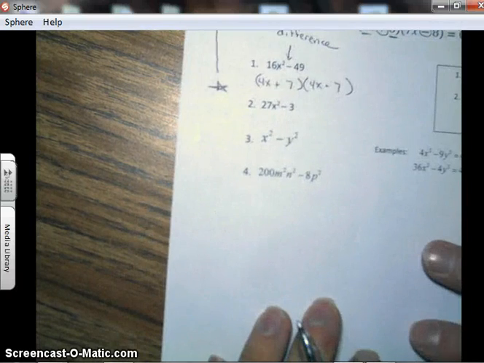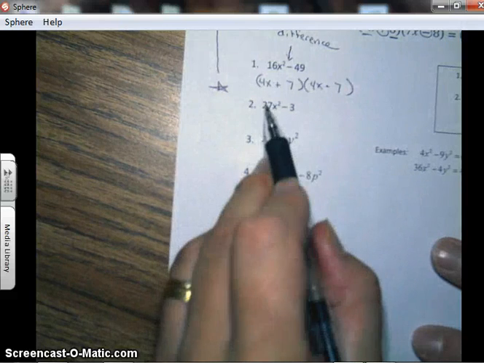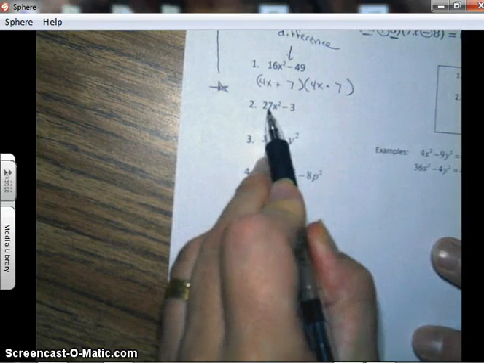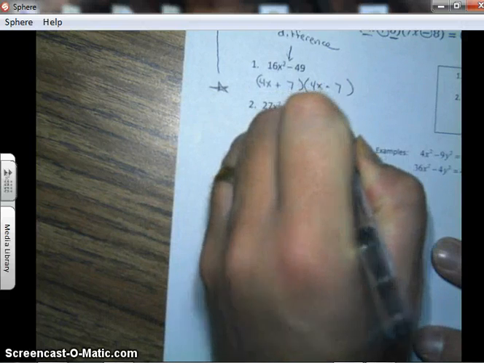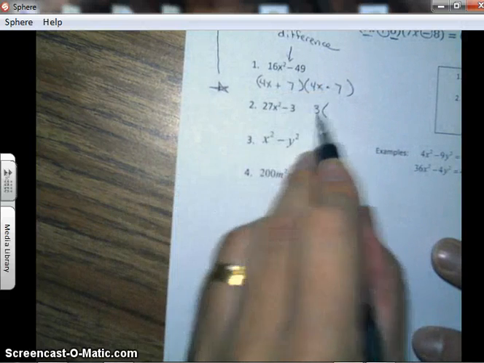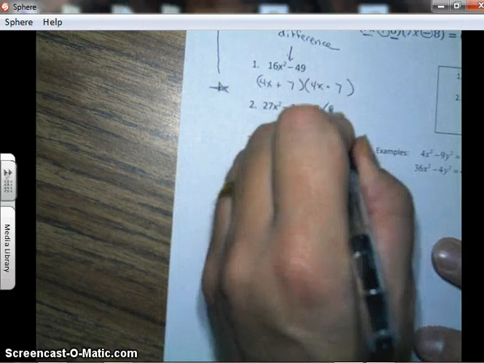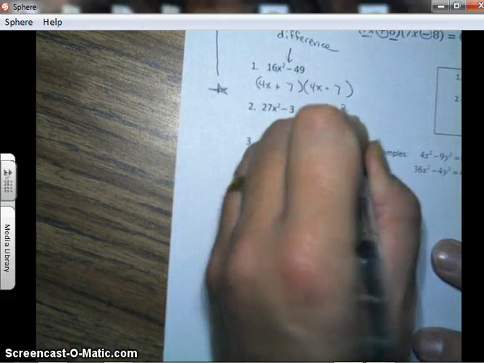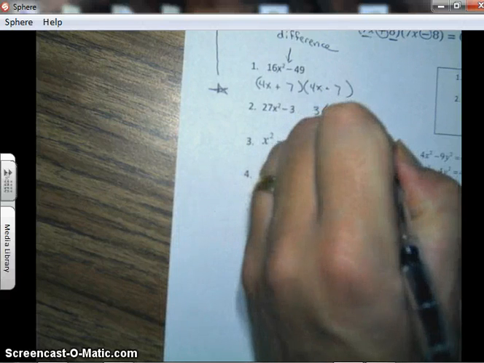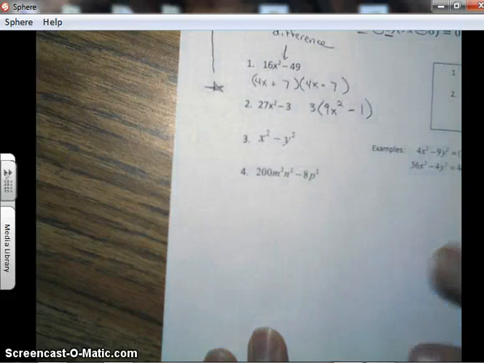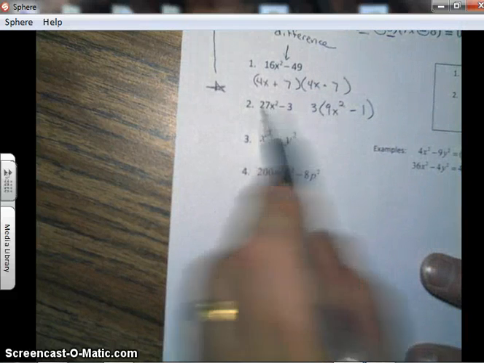So what you're going to need to notice is that we can factor out a 3 out of both of these terms. So we're going to get a 3 factored out. So 3 times 9 is 27, x squared. 3 goes into 3 one time.